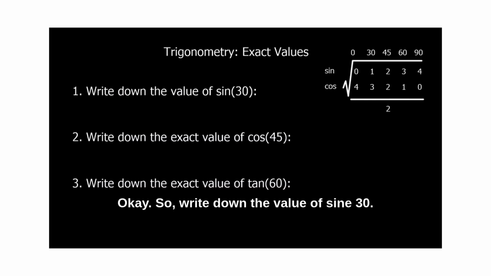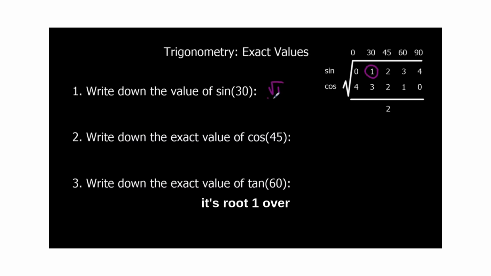Okay, so write down the value of sine 30. Sine meets 30 here. So it's root 1 over 2. But root 1 can simplify to 1, because the square root of 1 is 1. So that's a half. Cos 45. Cos 45, that's here.